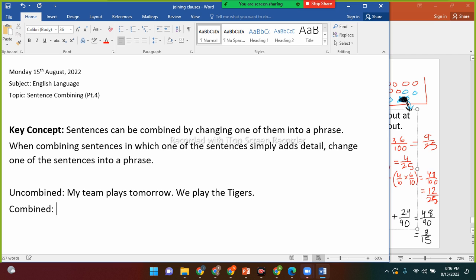So if we look carefully, this sentence just adds more detail to the first sentence. All right. So what we could do is just say, "My team plays against the Tigers tomorrow." Also, we could combine them.